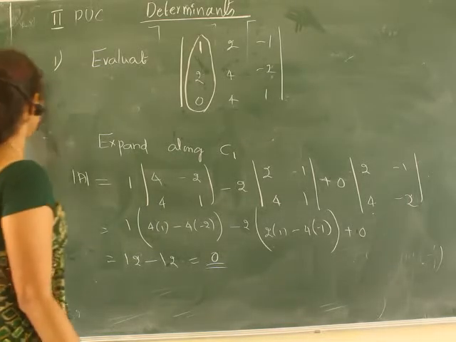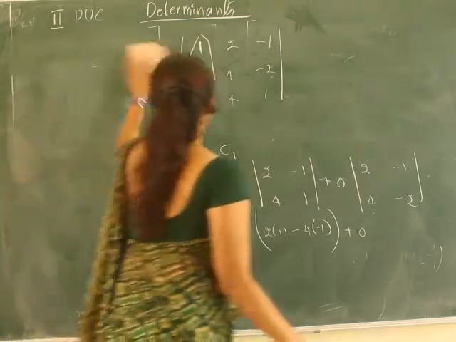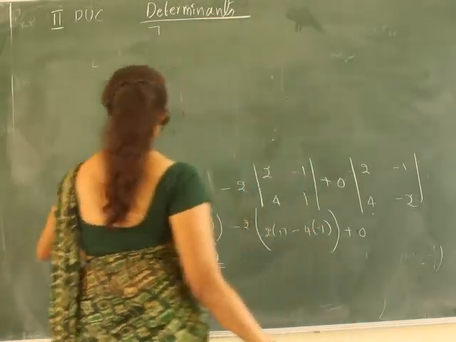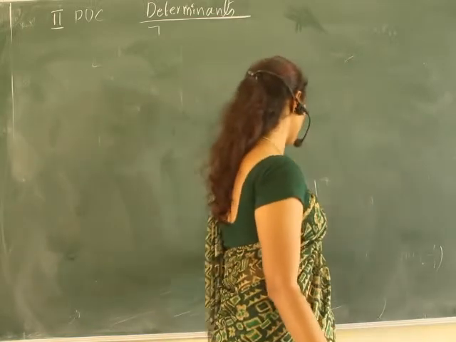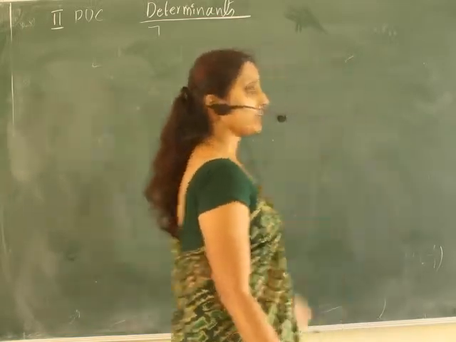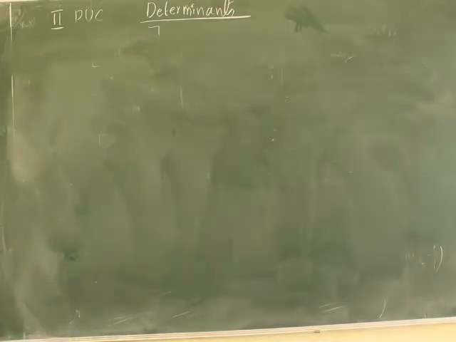So next, I'll give one more example. Already I have given examples for 2 by 2 matrix, that is very simple, direct calculation of determinant. Now I am discussing 3 by 3 matrices.